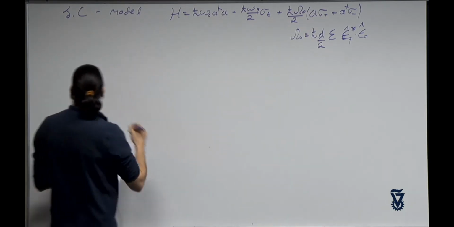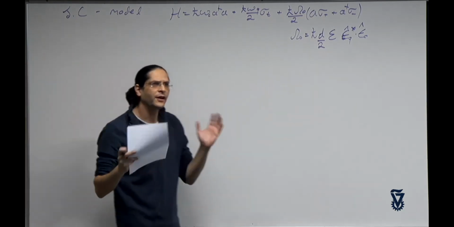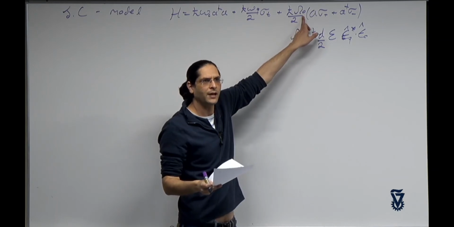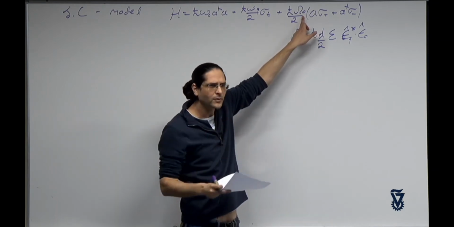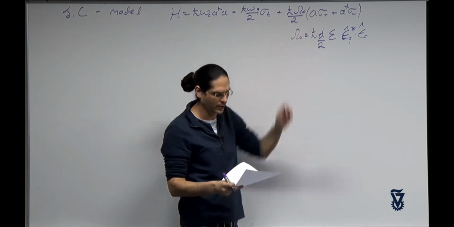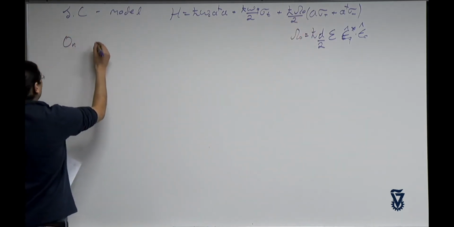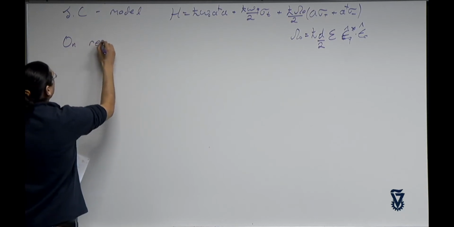Of course, when I say very close or very far, it's with respect to our only other time scale, which is the vacuum Rabi frequency. So we're going to start on resonance.